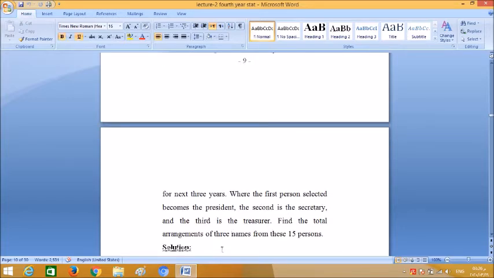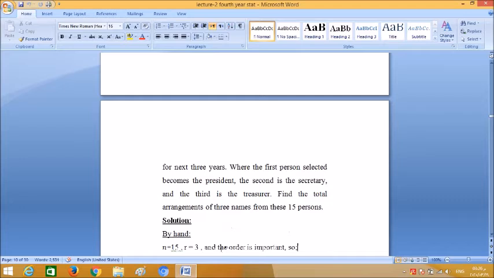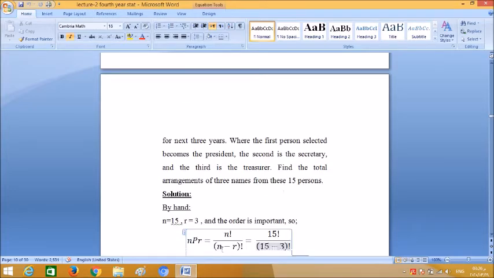Okay, solution by hand. n equals 15, r equals 3, and the order is very important. So nPr equals n factorial divided by n minus r factorial.